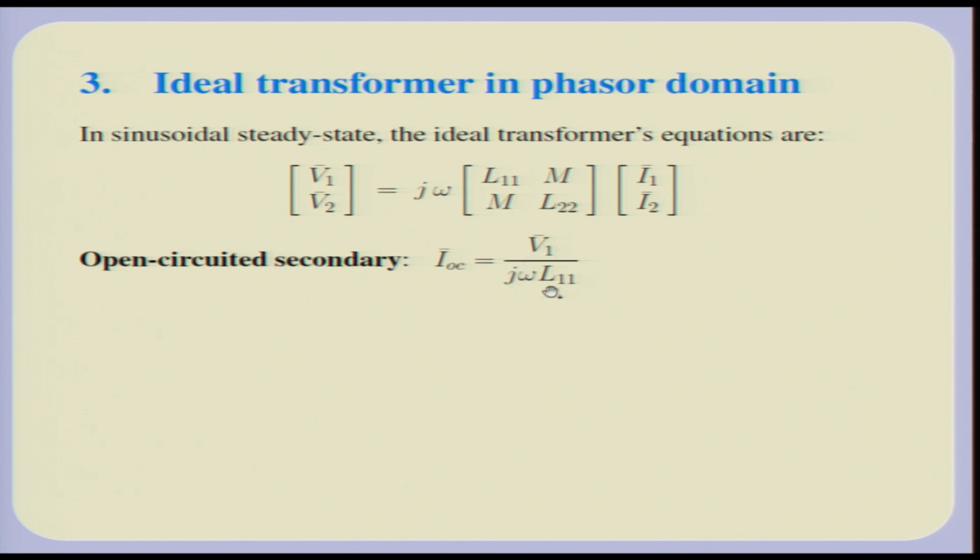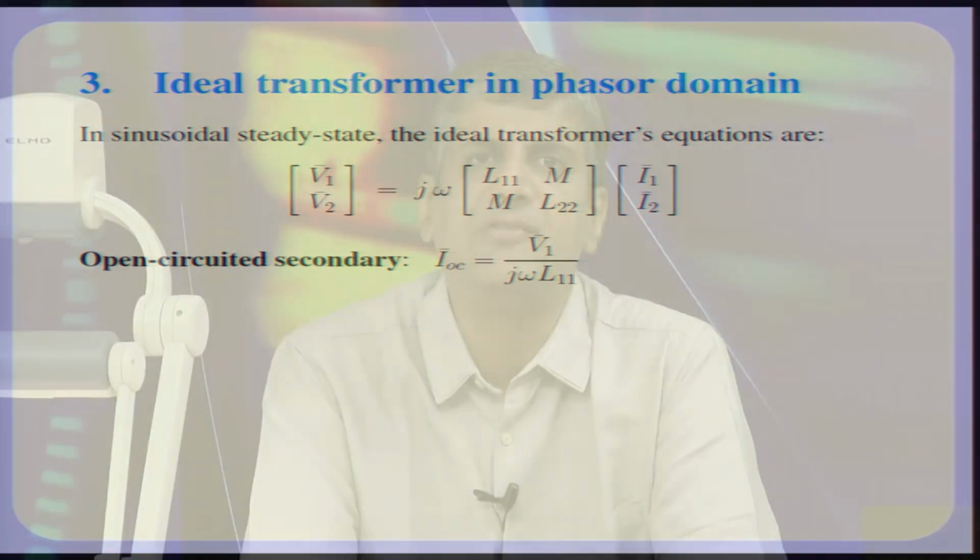So a transformer where only one coil is excited and the other coil is kept open circuited is simply a plain inductor, not a mutually coupled inductor. A transformer with an open circuited secondary is just like an inductor.